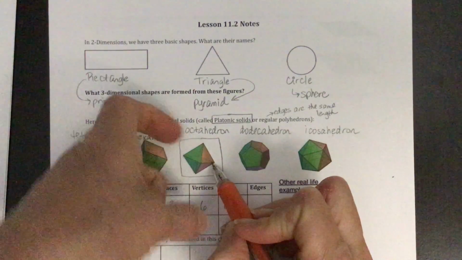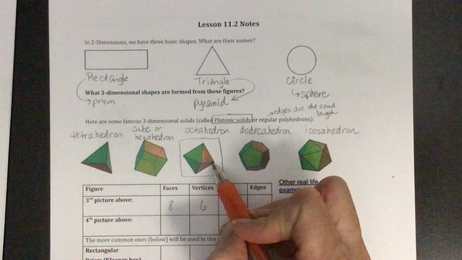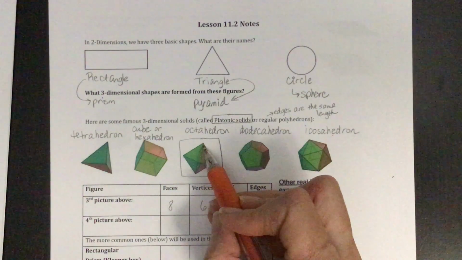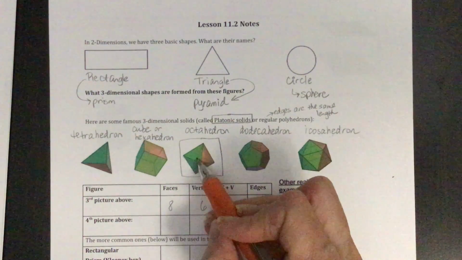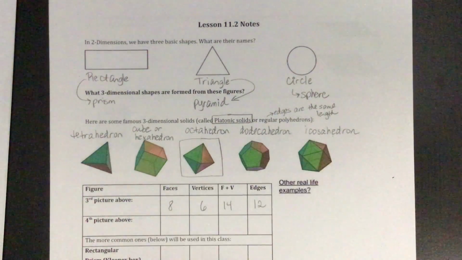But then there's some in the back of this figure that we can't see. And actually, there's 4 more. There's 1 here, there's 1 here, there's 1 here, and there's 1 here. So there's a total of 12 edges.